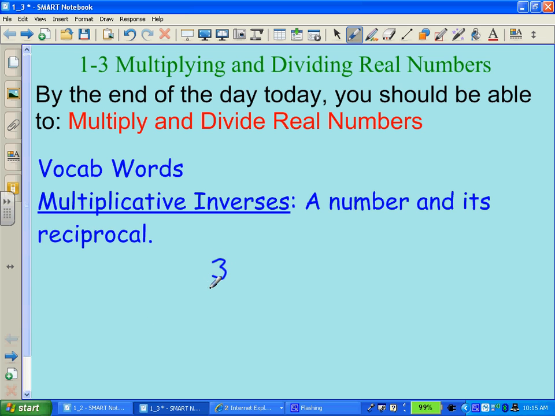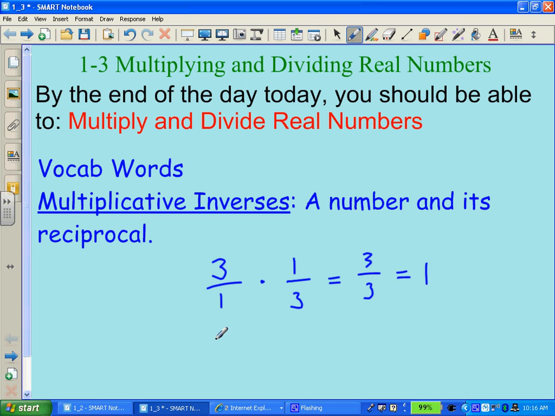Now hopefully you'll agree with me that that is actually 3 over 1. So all a reciprocal is, is when you flip it over. So the reciprocal of 3 would be 1/3. Okay? And when you have inverses in multiplication, when you multiply them together, you get an answer of 1.